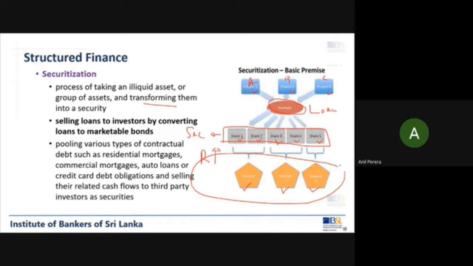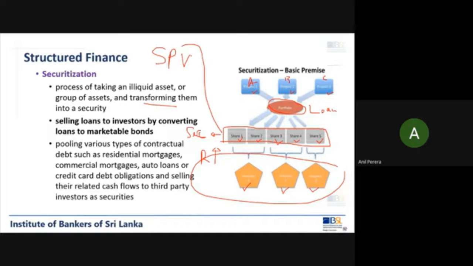Now again, this is a very complex process, right? There are special entities created for this process. This securitization is usually done with an SPV. SPV means special purpose vehicle. It's a separate entity, a separate company, right?